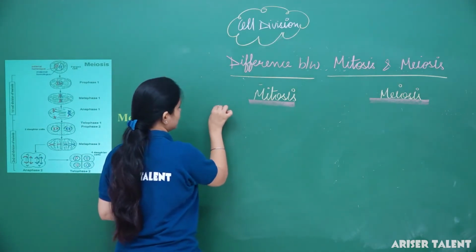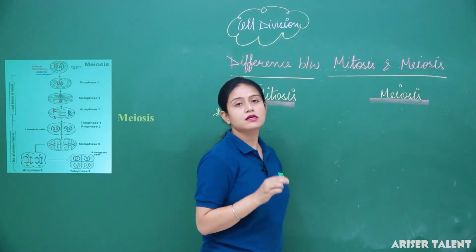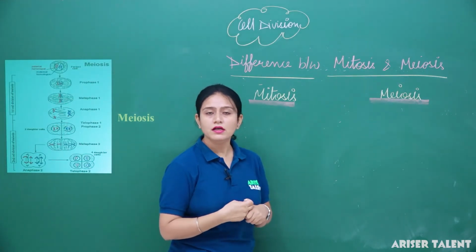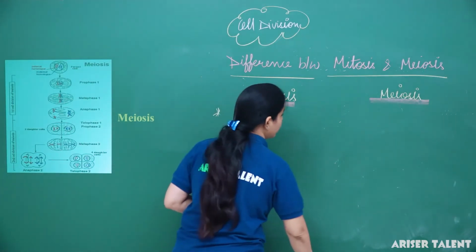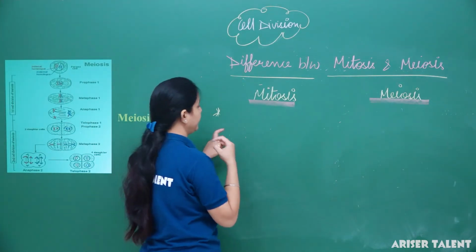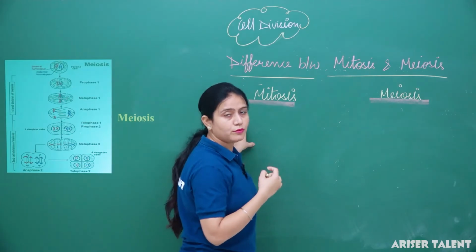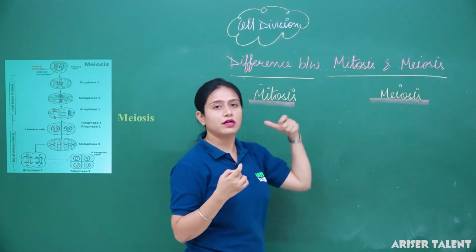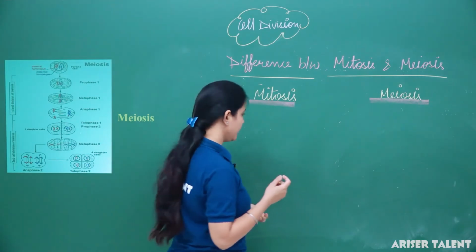First of all, as I told you, mitosis occurs in somatic cells, and meiosis generally takes place in the reproductive cells.